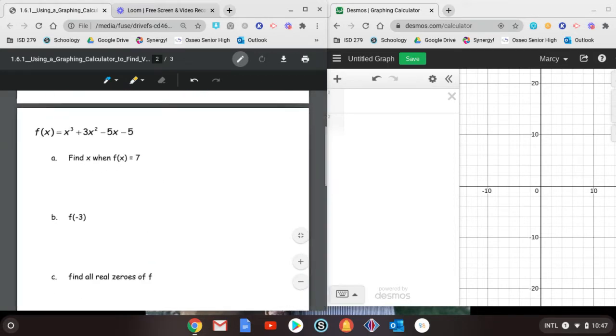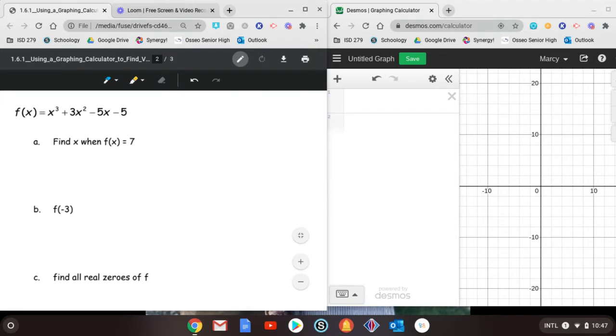Except we're going to do things on the calculator. I'm going to show you on Desmos, but you can use some logic too. Okay, so when you're given an equation, you need to put this into your graph.